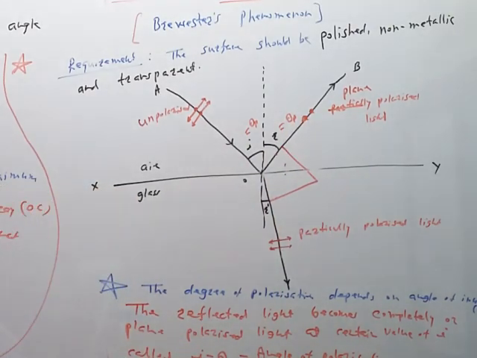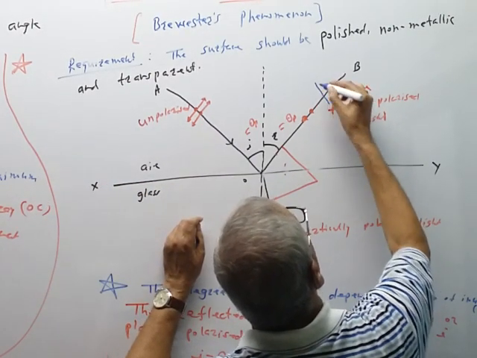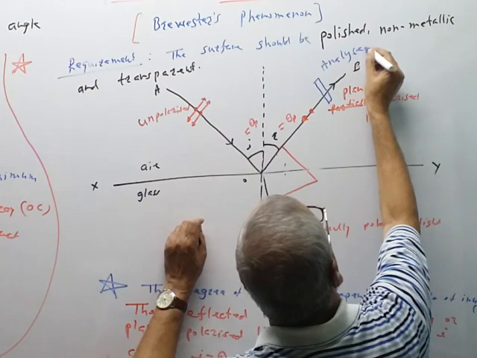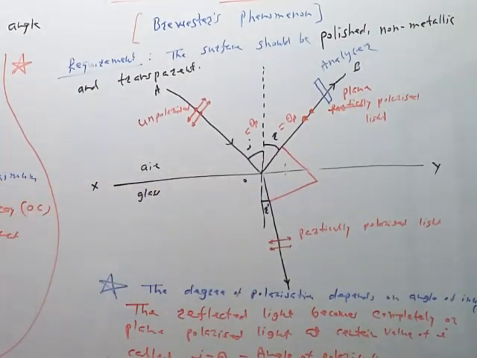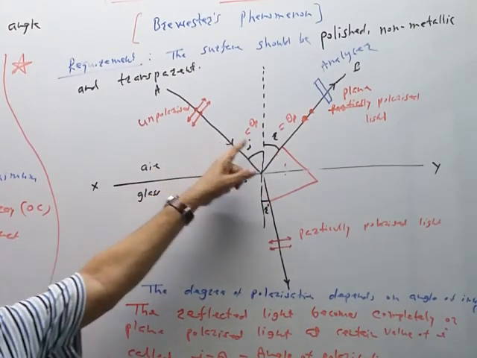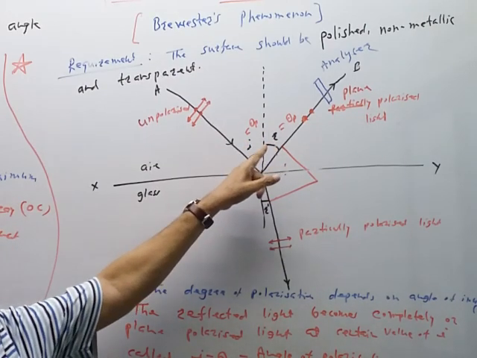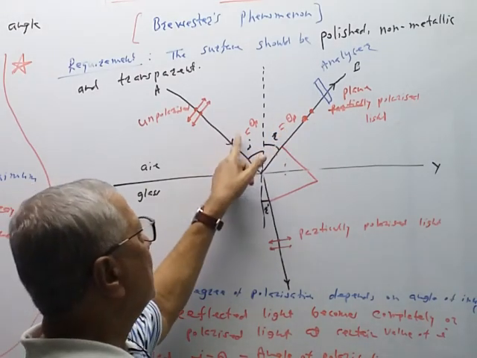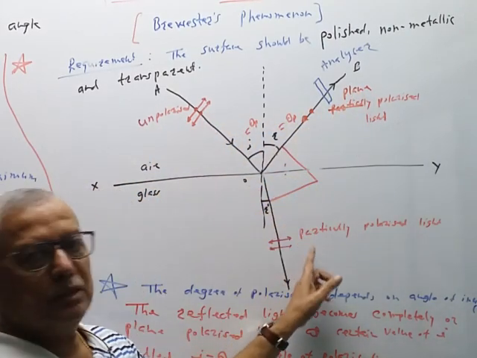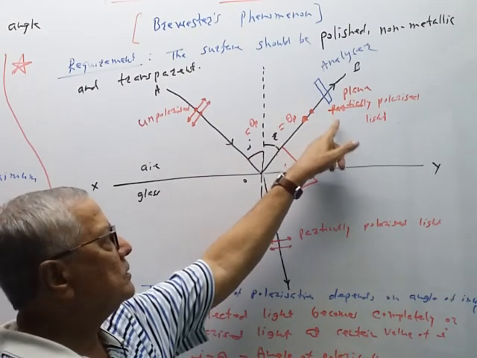And now whether the light is partially or plane polarized, it is observed by using the analyzer. So this is the analyzer. So this is the situation when I is equal to R is equal to theta p. Angle of incidence and angle of reflection are always equal by the law of reflection. So both are equal to theta p. So when I is equal to R is equal to theta p, this will happen. This is unpolarized light, this is plane polarized, this is partially polarized. It is always partially polarized, whether I is equal to theta p or not. But this is a special case.